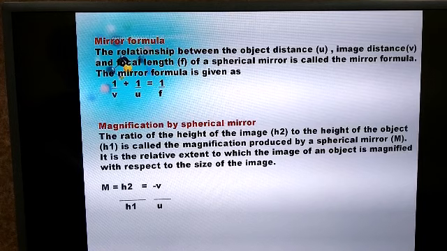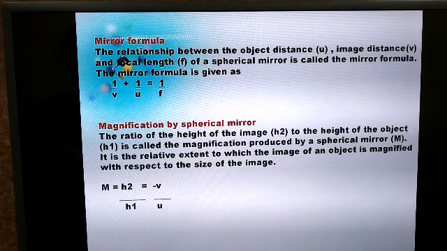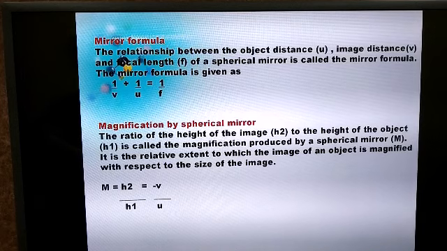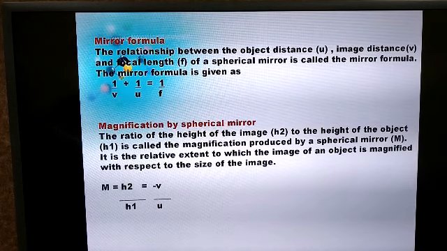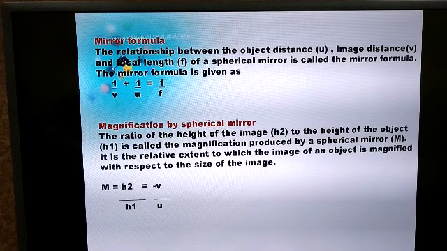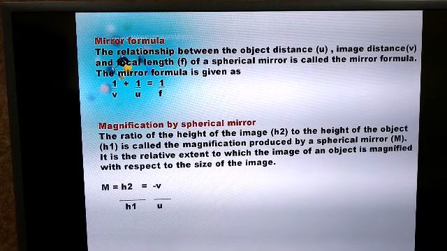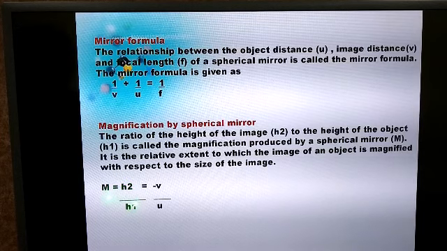What about convex mirror? In case of convex mirror, the image formed is always diminished when the object is kept in front of the mirror. So, if we want to compare the size of the image with the size of the object, then we have to take the ratios. Which ratios? Ratio of size of the image to the size of the object.